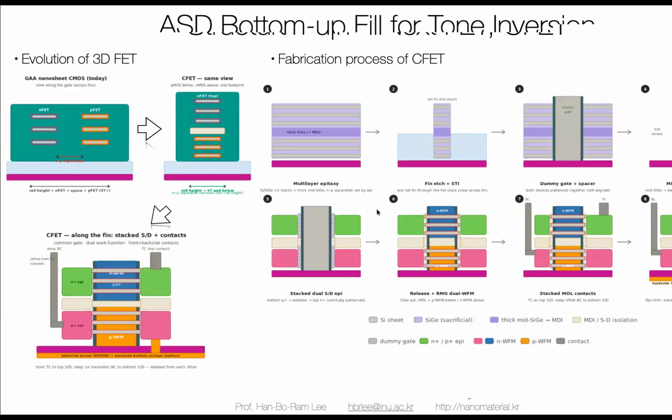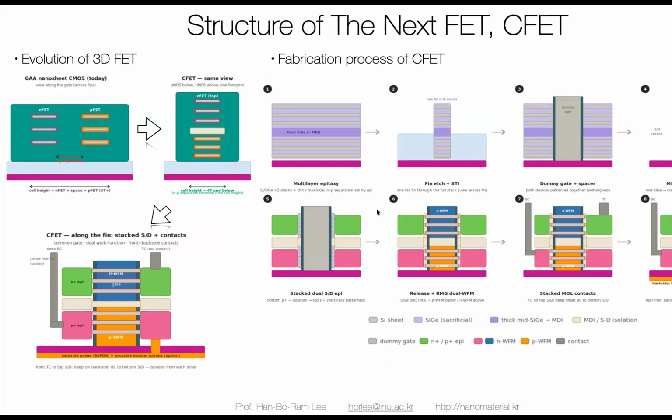So right now, most of the logic device companies try to make the CFET, which is a complementary FET. Originally, this is the gate-all-around nanosheet FET, NMOS and PMOS, and it is going to be stacked on that. So this is the real structure of that.